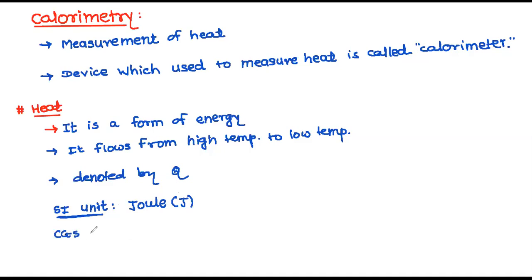The CGS unit is calorie, denoted by cal. Now let's see the conversion from joule to calorie.